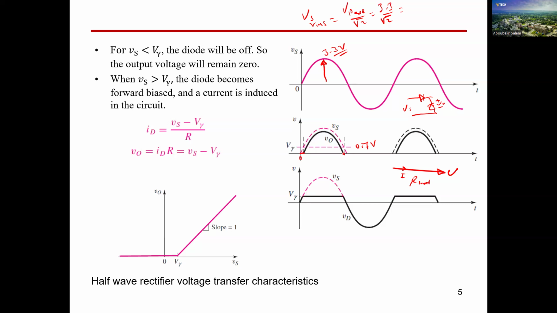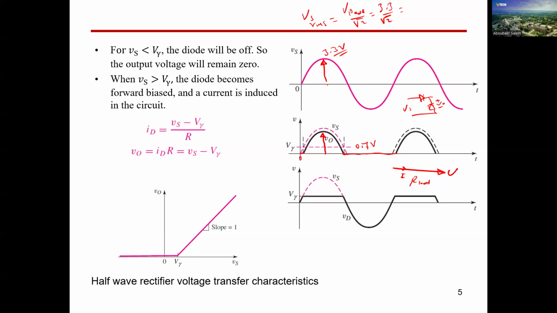So once the current reaches 0 here, this diode will be turned off. And once the diode is turned off, the current will be 0, and as you can see, the output became 0 again, until Vs returns to be greater than V gamma. So in this case, guys, the output volt V out peak value is nothing but Vs peak value minus V gamma.